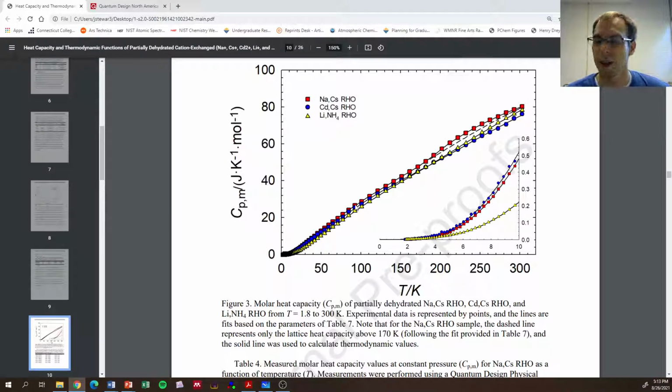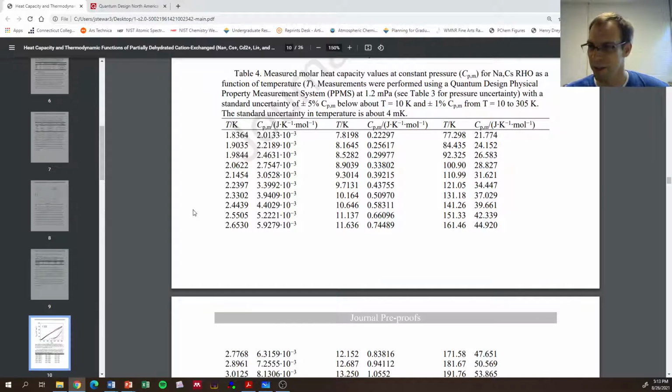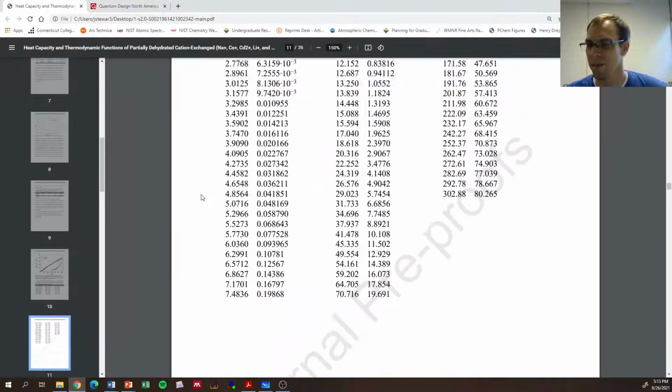This is a crystal of some kind, and so we don't see any big jumps that you would associate with a phase transition. So this isn't melting or vaporizing, and so this one's a little bit more straightforward. We can just fit this data to, say, a polynomial function or something else, integrate it, and find our entropies that way after dividing by temperature.